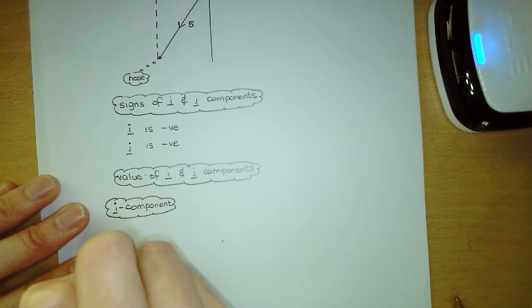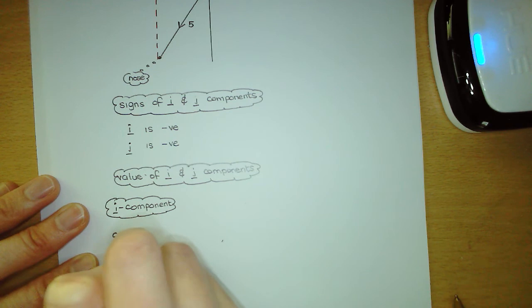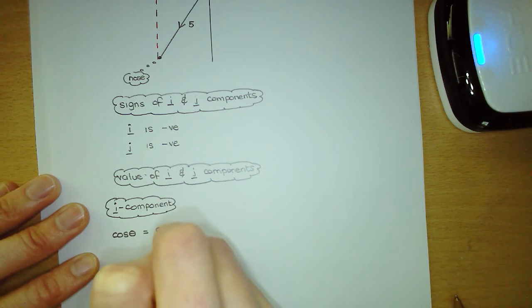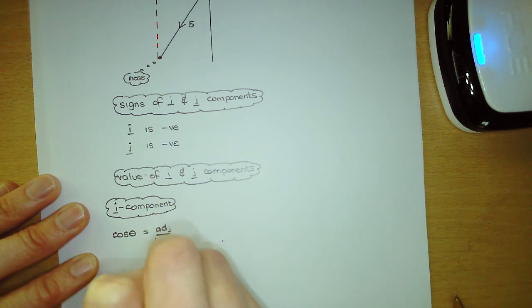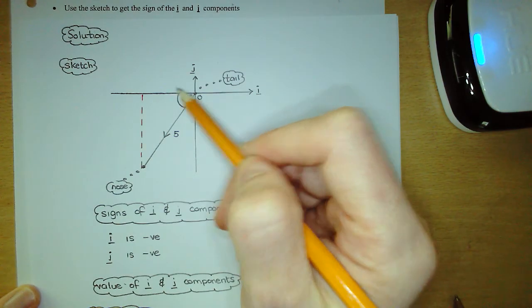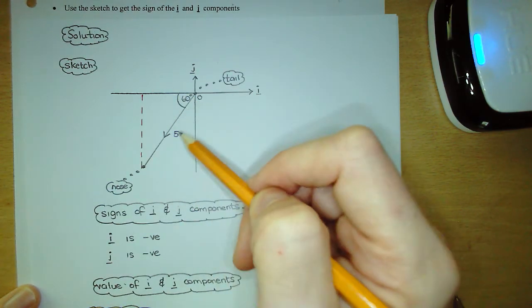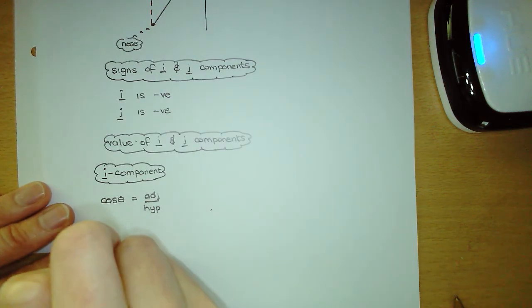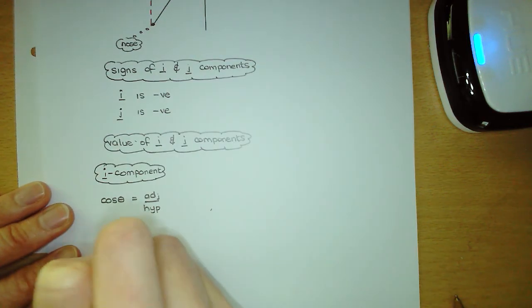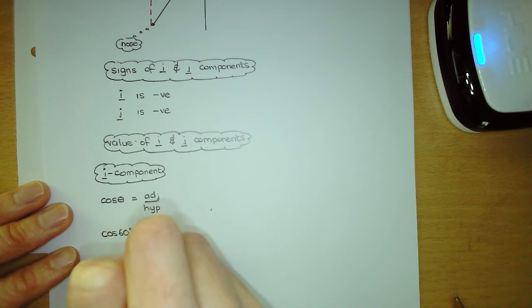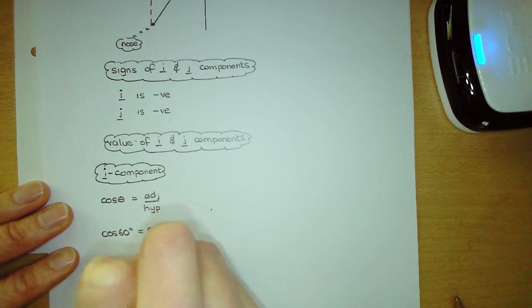So we're going to use cos theta equals adjacent over hypotenuse. So the angle is 60, the adjacent is what we're looking for, and the hypotenuse is 5. So cos 60 is equal to adjacent over 5.